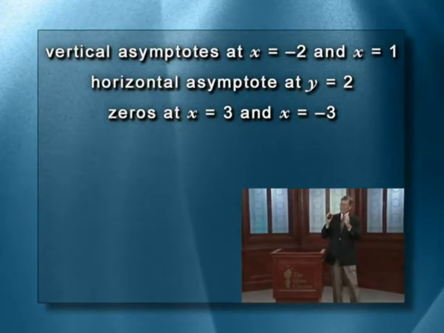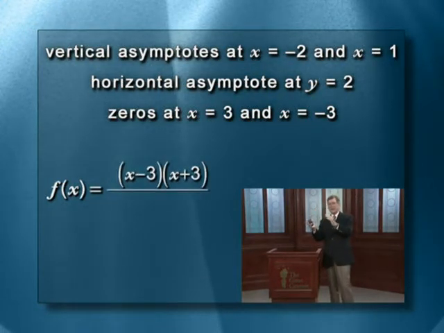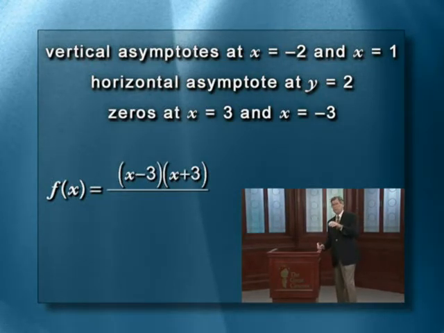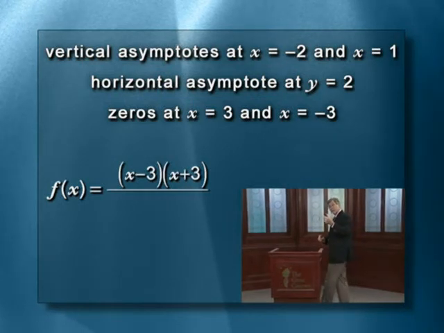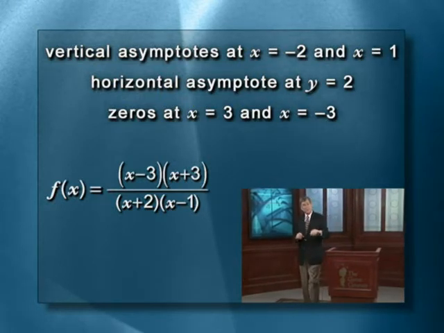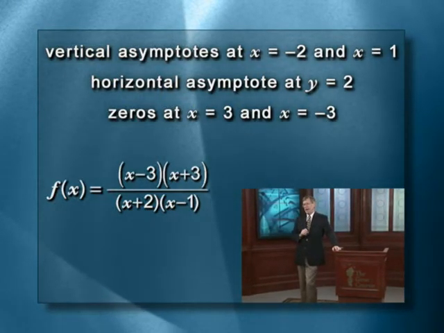Well, let's build it. It has zeros at 3 and -3, so in the numerator we have to have an x minus 3 and an x plus 3. We want those vertical asymptotes at -2 and at 1, so the denominator needs to have an x plus 2 and an x minus 1. Now there's one more feature, the horizontal asymptote at y equals 2.